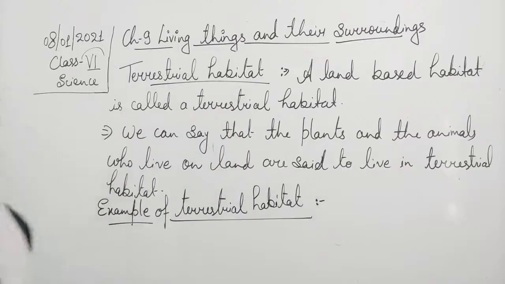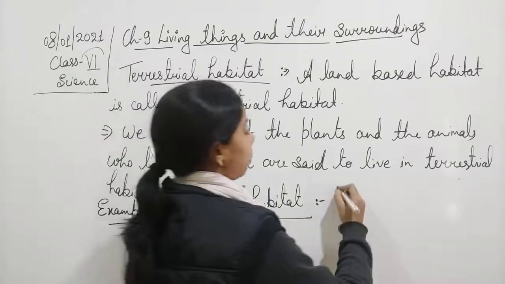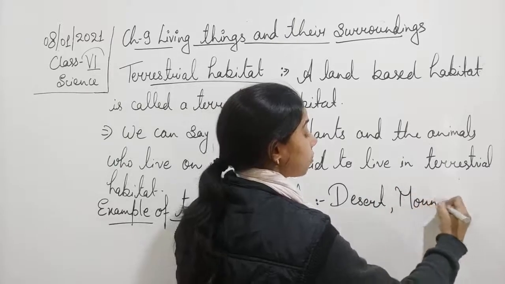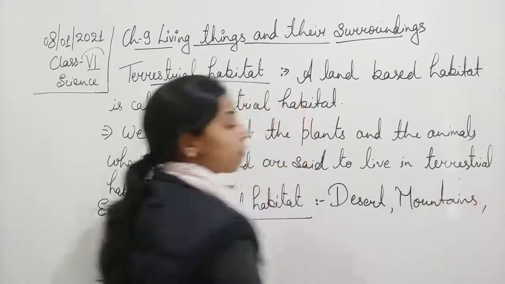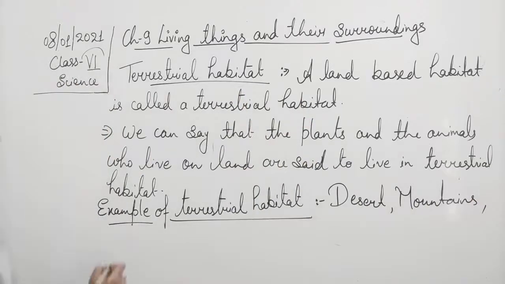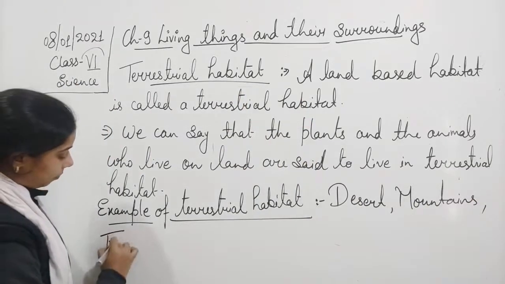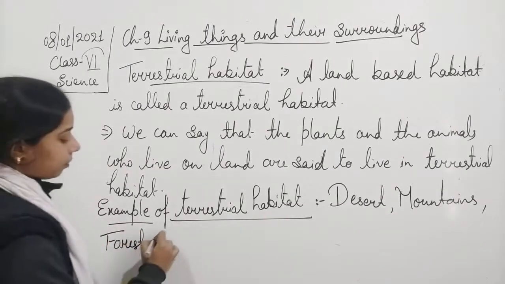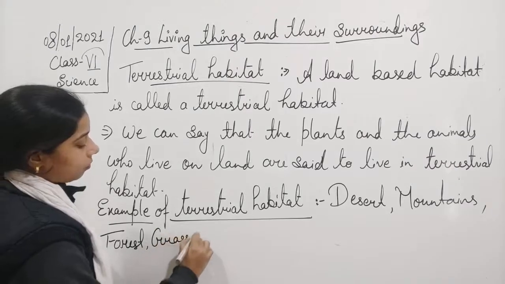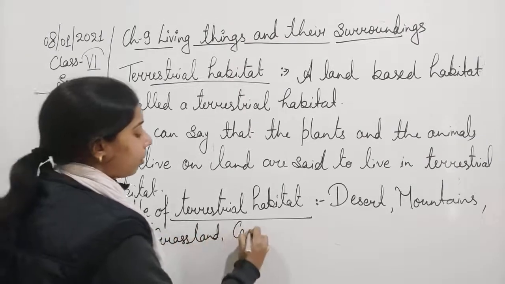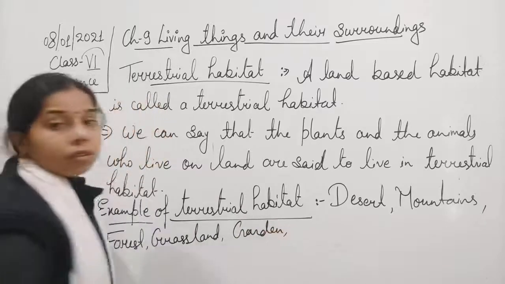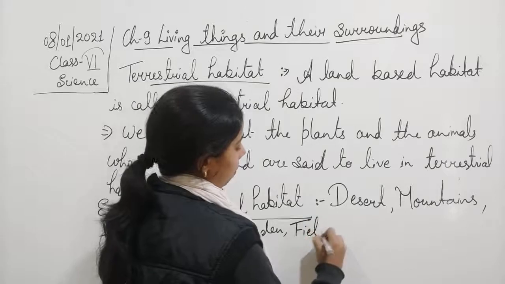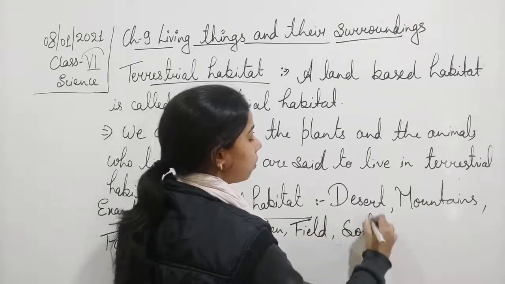Examples of terrestrial habitat, student: desert, mountain, forest, grassland, garden, field, soil, home.